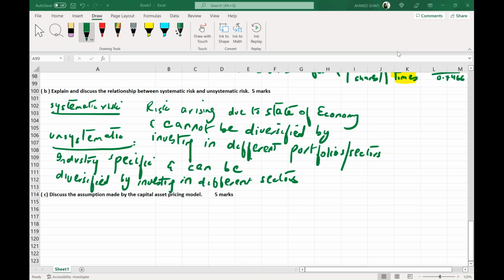So systematic risk is the risk due to the state of the economy. It cannot be diversified. Unsystematic risk is industry specific, and it can be diversified.